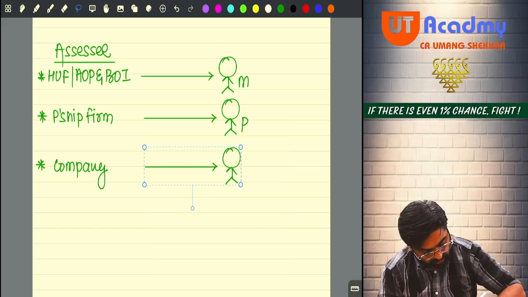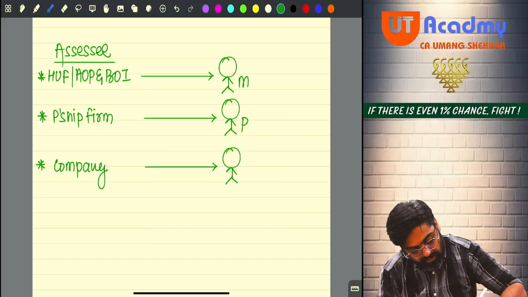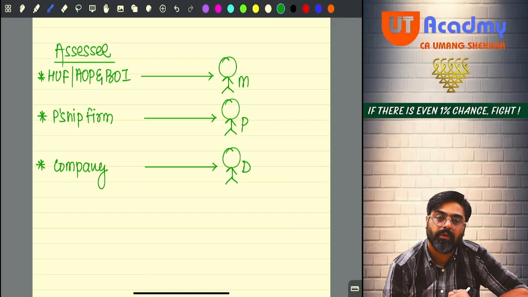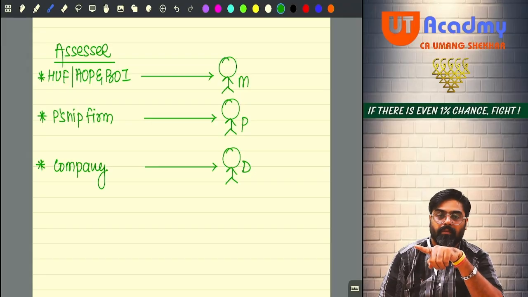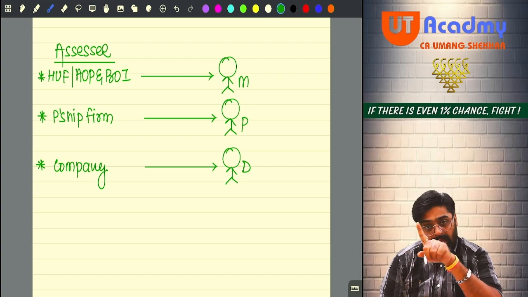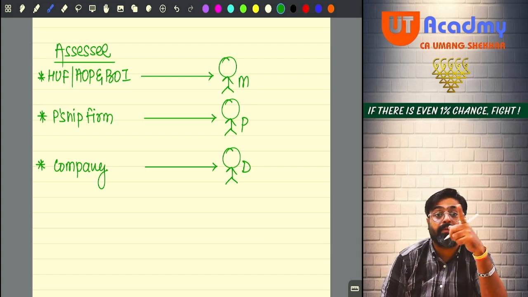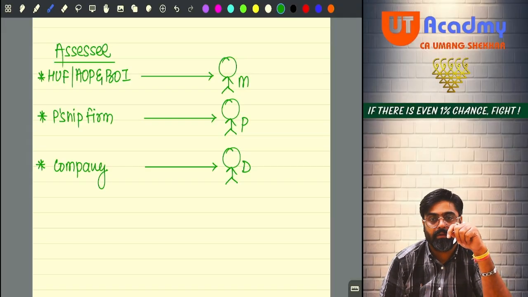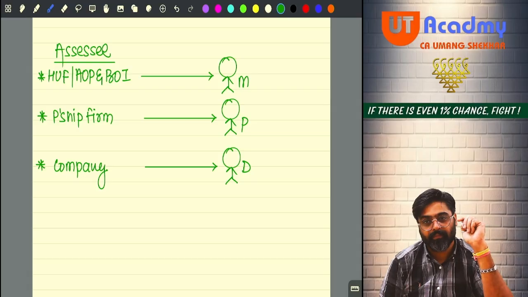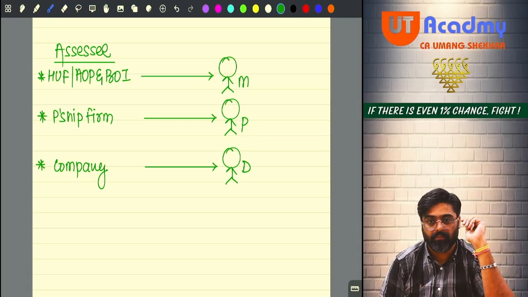D for directors. So my dear friends, any payment made by the assessee, being HUF, AOP, BOI or partnership firm or a company, to their members, partners, directors should not be more than a reasonable amount. If it is more than the reasonable amount, then the excess amount will be disallowed. Unreasonable amount will be disallowed. Getting my point, everyone?